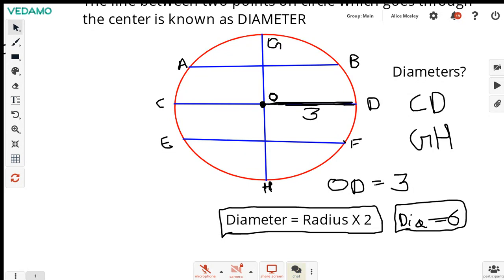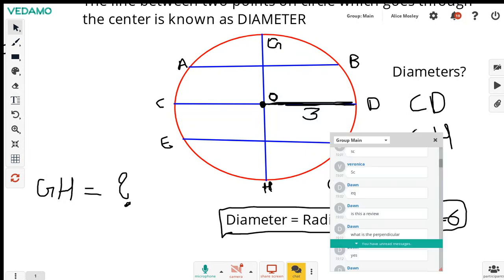So now the question is, can you all find me the value of GH? What is the value of GH? Is the value 3? Okay, I got your answer. Ms. Dawn, this is the last question of the day.